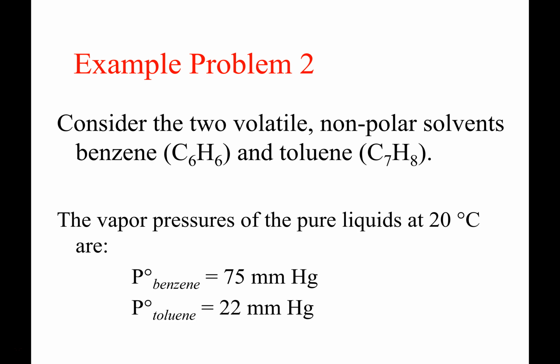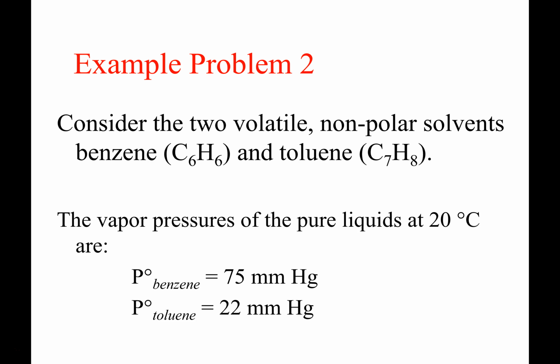I have benzene and toluene. I could do BEN for benzene, but if you're going to do that, write it somewhere. And TOL for toluene. Okay. Now, I'm going to need these later on.